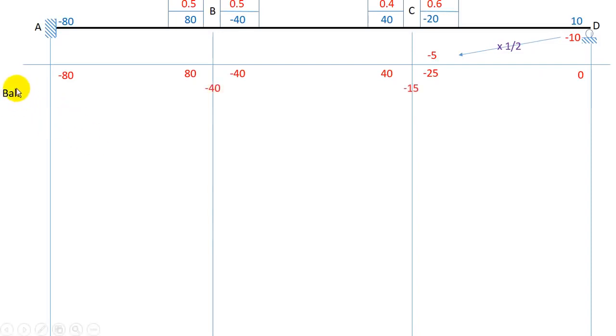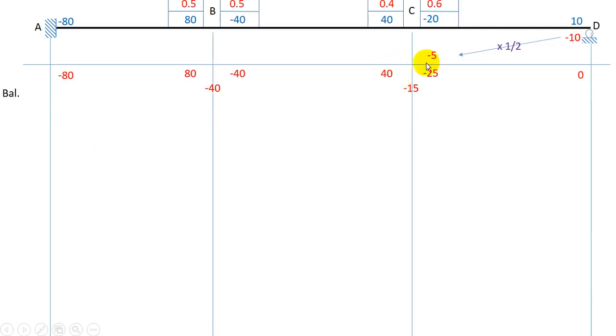So the first step of iteration is balancing. As I showed you the concept of balancing, 80 minus 40 would be a plus 40, and to balance this plus 40, my beam has to give an anti-clockwise moment of minus 40. This is basically called balancing.